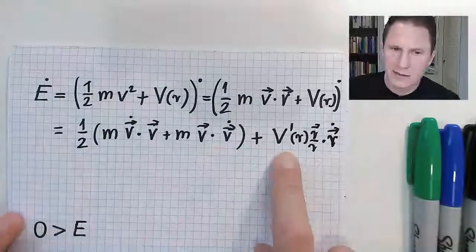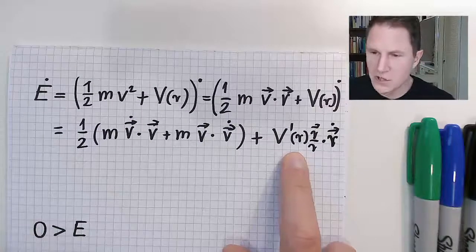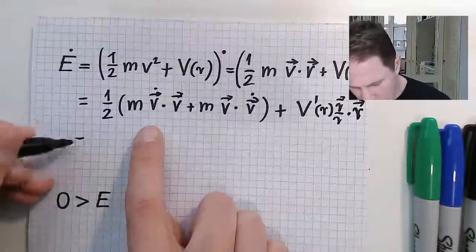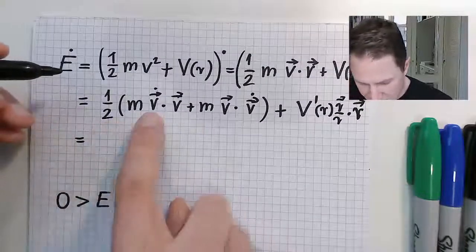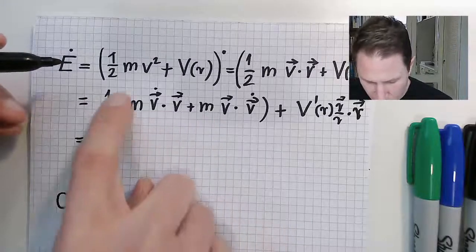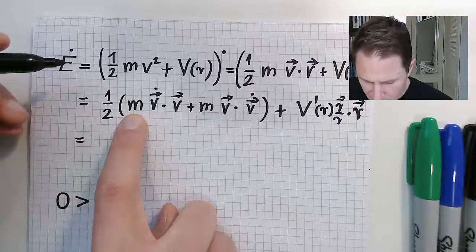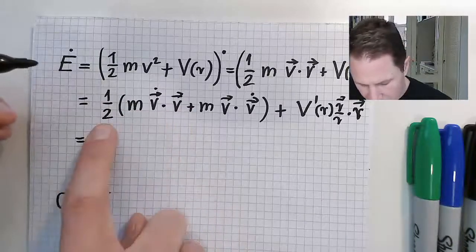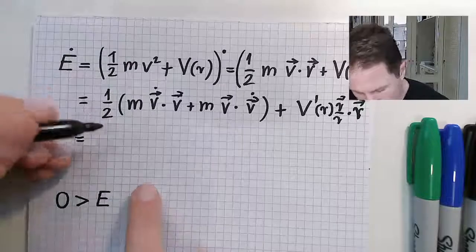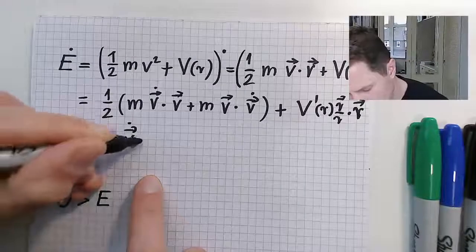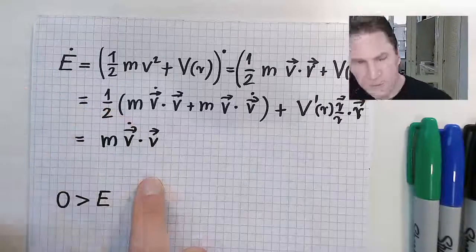So this is something that's called the chain rule, what we applied here. The point is that what we are getting is just the same two terms added up. So this is twice m times v dot times v multiplied by 1/2, so this is just m times v dot v.